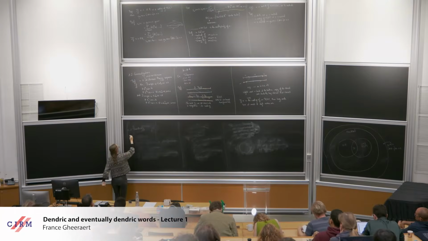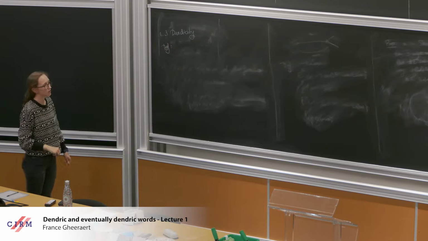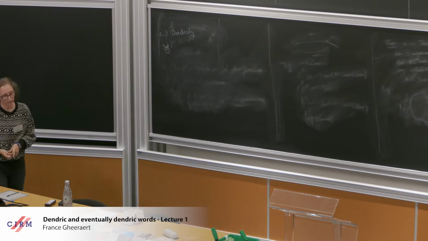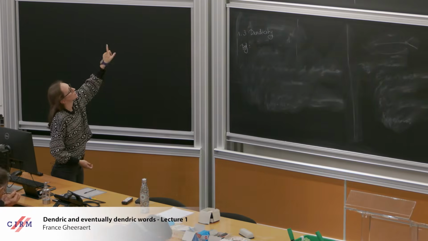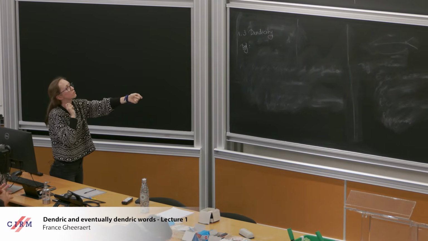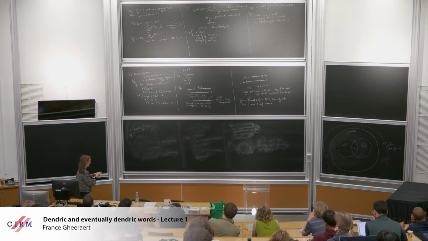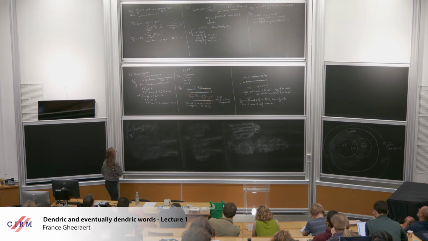Okay, so I said we want to look at the structure of the extensions, and the way to do that is to realize that the two-sided extensions sort of define a relation between left extensions and right extensions. And the way of representing a relation is to do a graph.